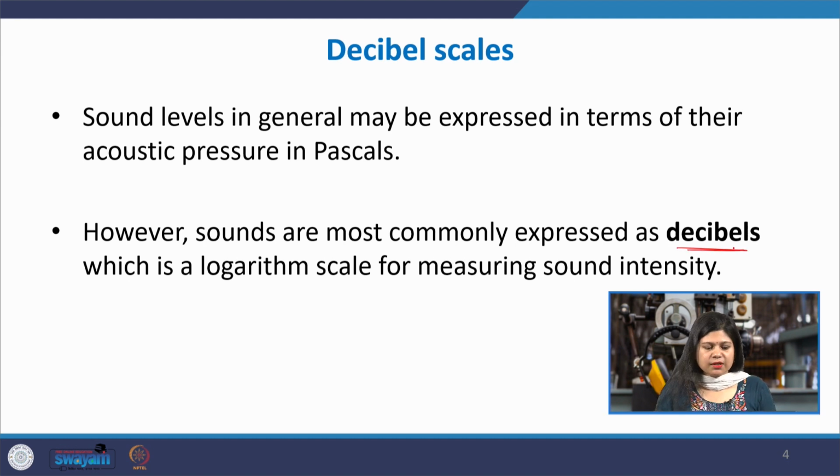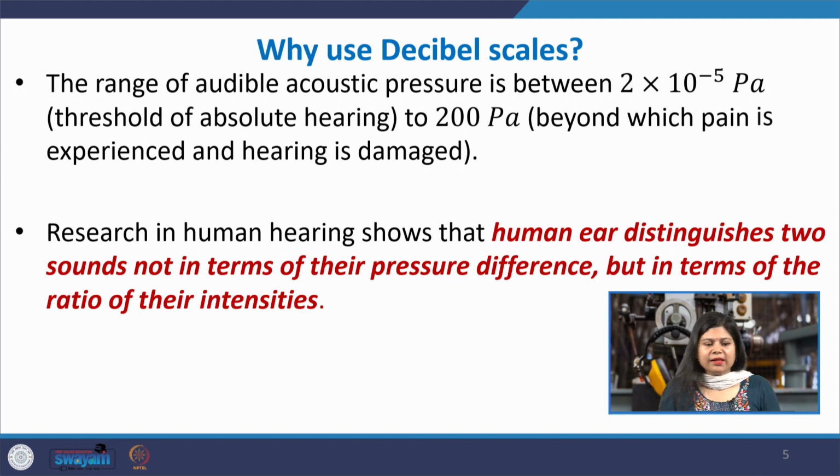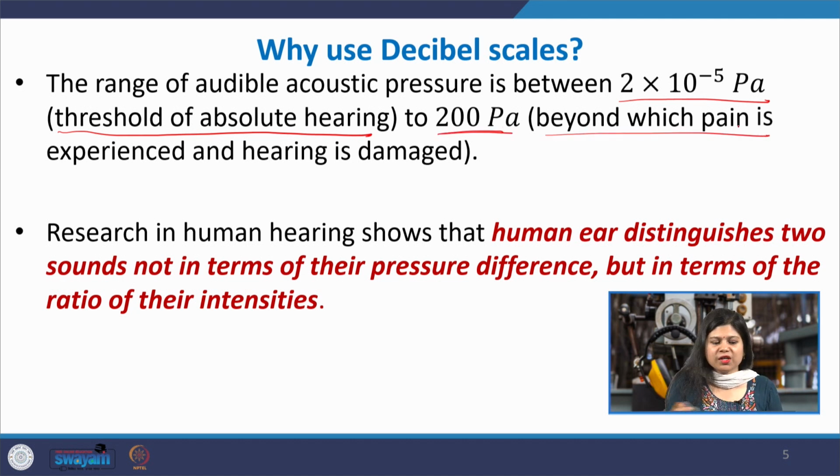The need is because the range of audible acoustic pressure that we can hear is somewhere between 20 micropascals, which is actually the threshold of absolute hearing, to around 200 pascals, beyond which it causes pain in the ear and hearing gets damaged. So, we have a huge range if you think about it, from 10 to the power minus 5 to 10 to the power 2.